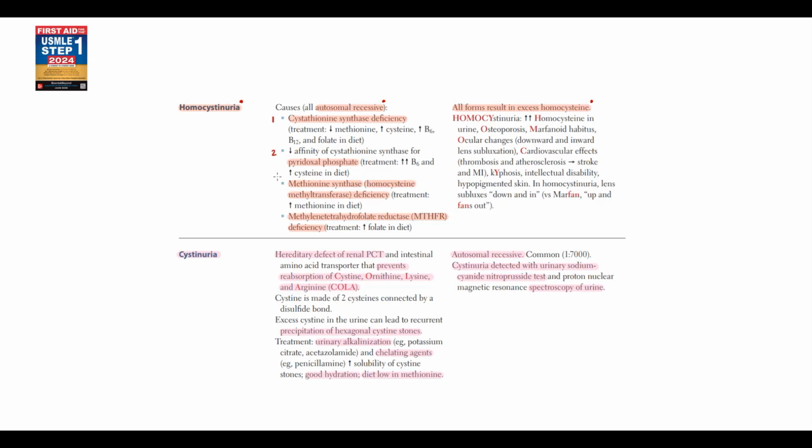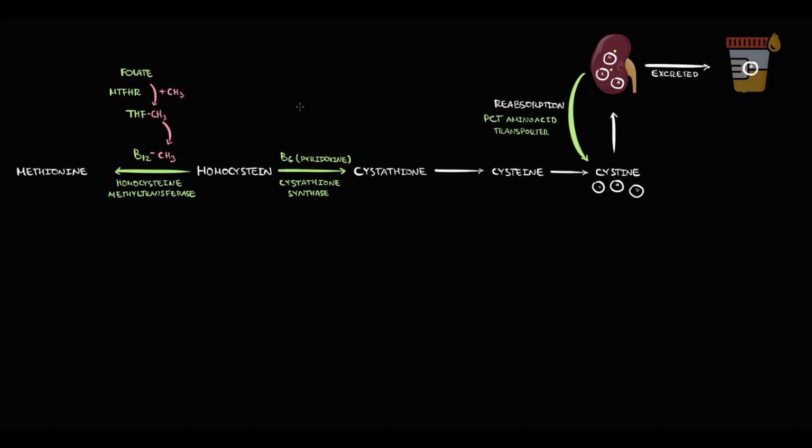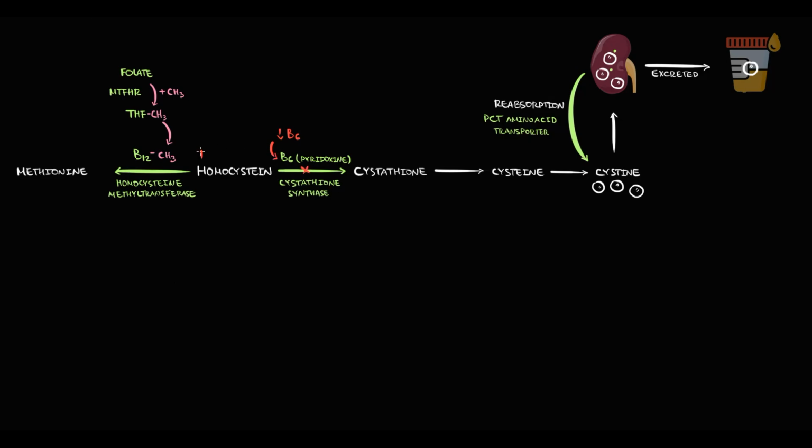Now, let's discuss other possibilities which can cause increase in homocysteine level. The second possibility is homocystinuria caused by pyridoxal phosphate deficiency. Because vitamin B6 is the cofactor of cystathionine synthase, with vitamin B6 deficiency, the activity of cystathionine synthase decreases. This causes accumulation of homocysteine in the bloodstream, and with time, the level of methionine will also increase.